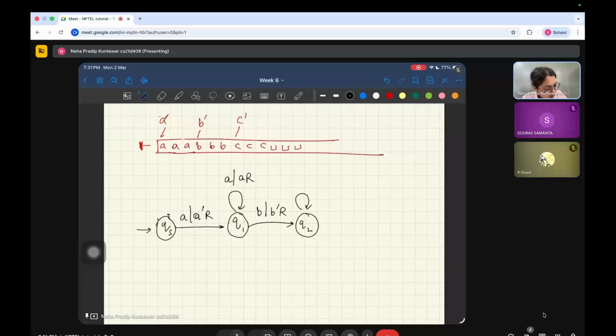Skip over, then you see a C, make it C prime.